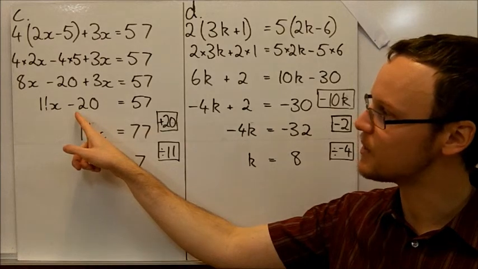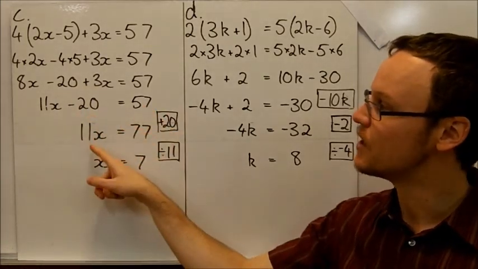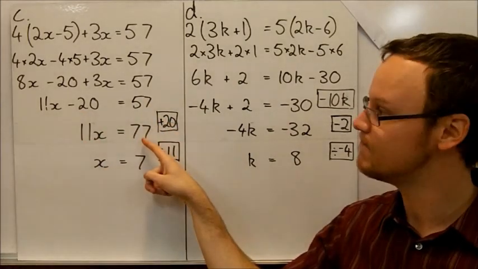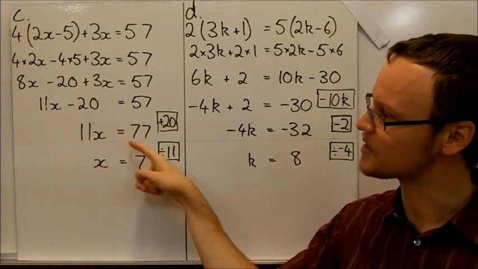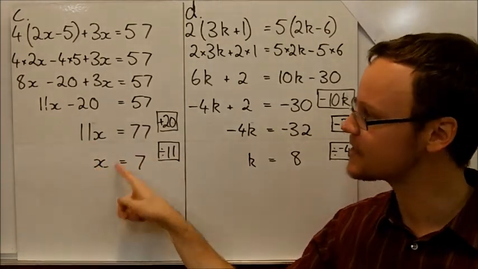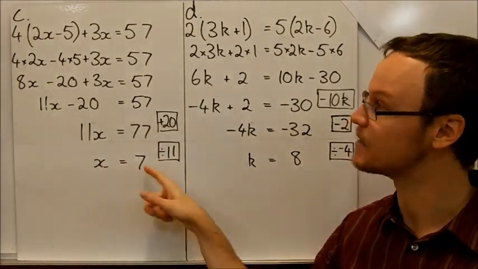So we can add 20 to both sides to get rid of this subtract 20. Adding 20 to both sides, we'll get 11x on this side. 57 plus 20 is 77. So then we've got 11x equals 77. We can divide 11x by 11 to get just x, and 77 divided by 11 is 7. So we've got x equals 7.